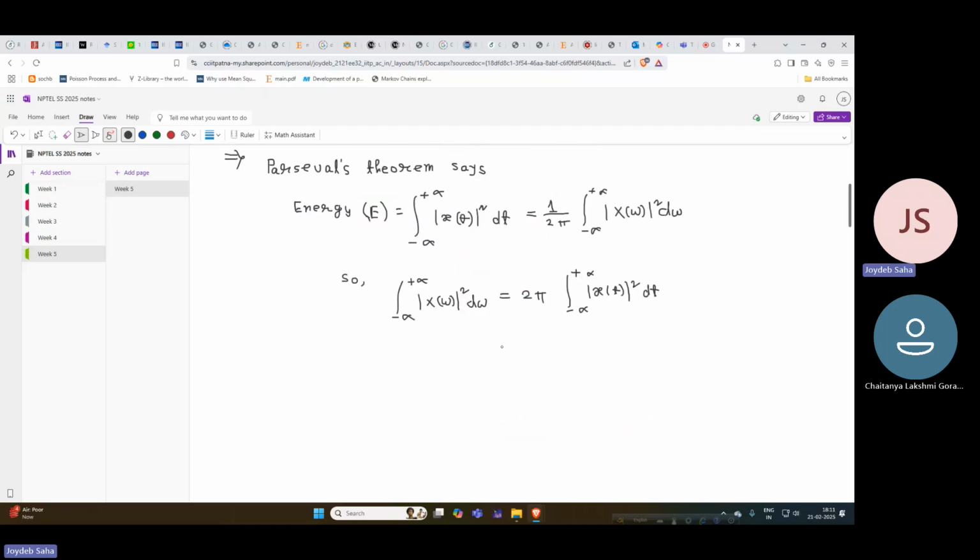So just put the values: 2 pi times the integral from minus infinity to minus 1 of 0, plus the integral from minus 1 to plus 1 of 1 squared dt, plus the rest which is 0.